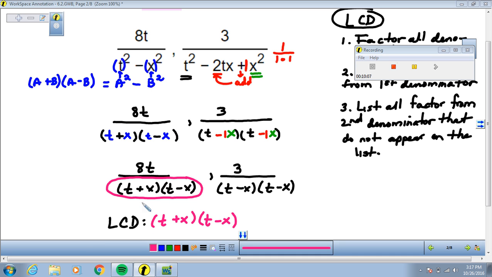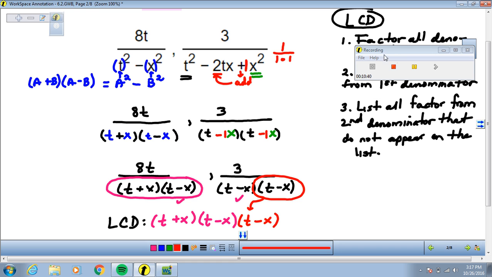For example, the second denominator has t minus x, so we already listed one of those t minus x's, right? But this second denominator has another t minus x, so we need to add it to the list. So we already listed one of those, so we do not repeat that one, but that one has an additional t minus x, so you need to include it in your denominator.